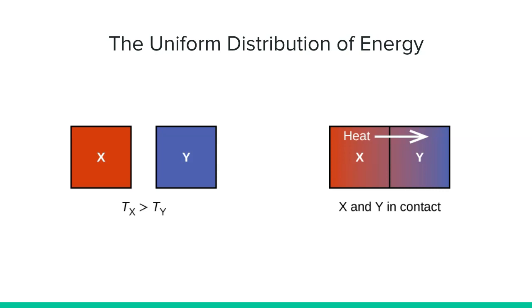So we have two objects, and it states that object X contains more thermal energy than object Y, based on the temperature readings that we see there. Okay, so when these two objects are placed in contact with one another, the hot object will uniformly distribute its heat to the cold object until a thermal equilibrium is going to be achieved between them.